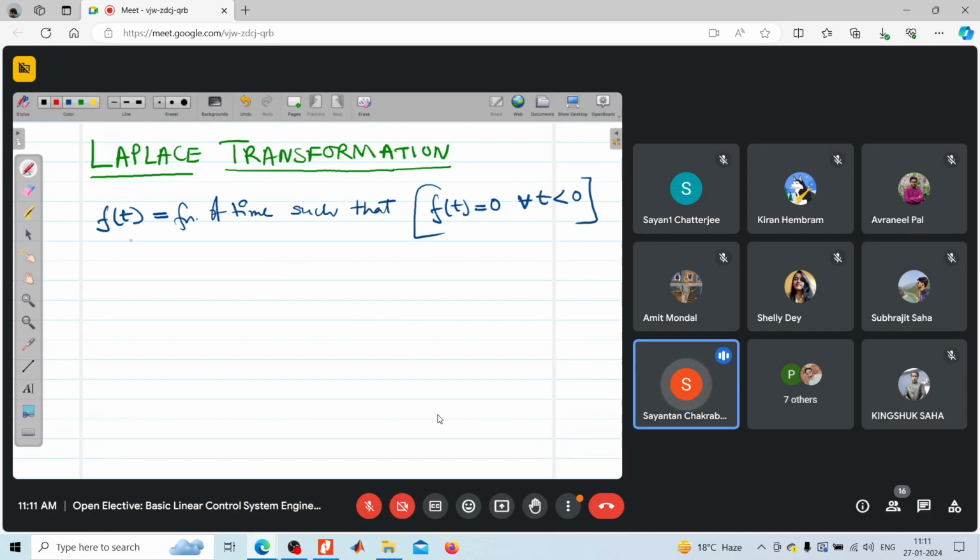And in the Laplace domain, we have a frequency s, which is the complex frequency, which you can represent as having a real part and an imaginary part.